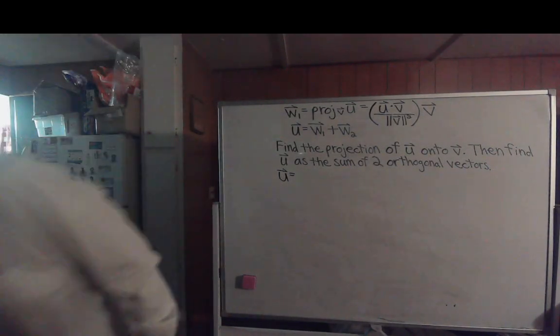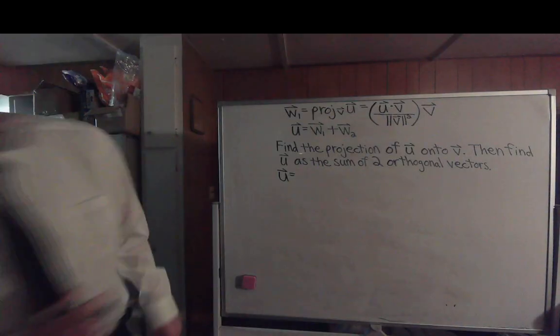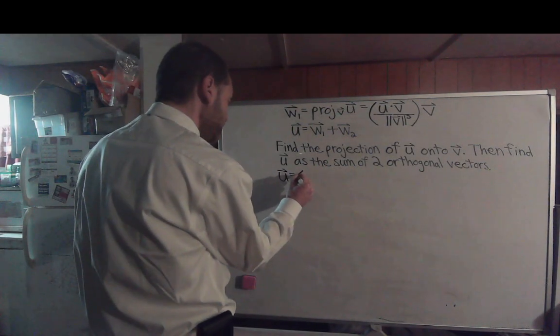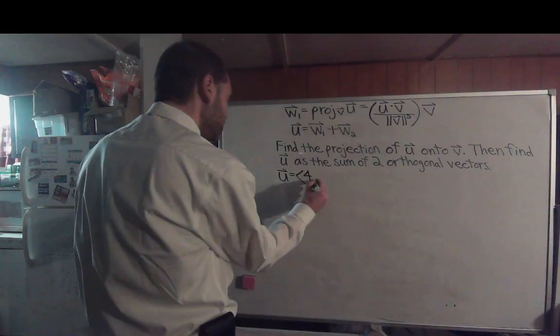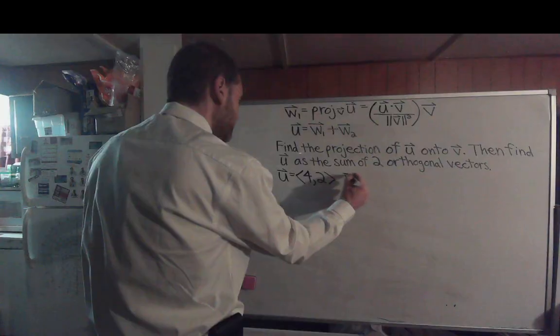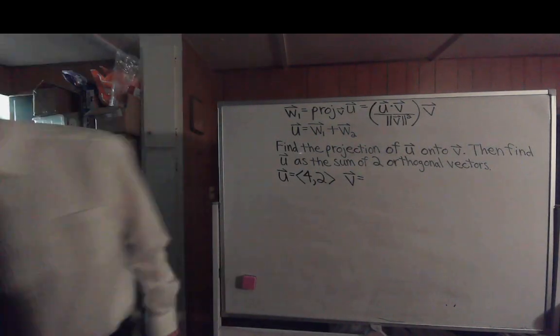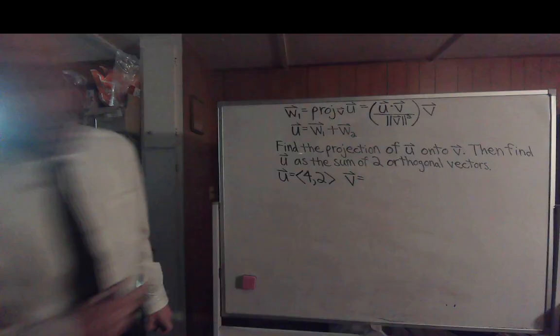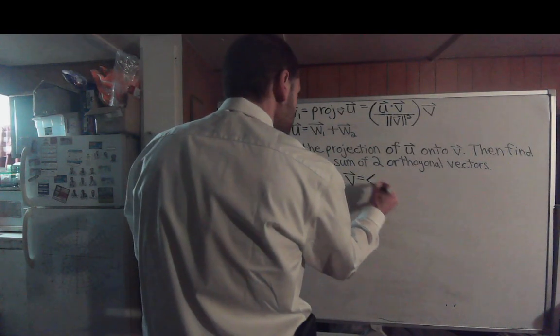alright, so in this case, vector u is going to be 4, 2. Vector v is going to be 1, -2.